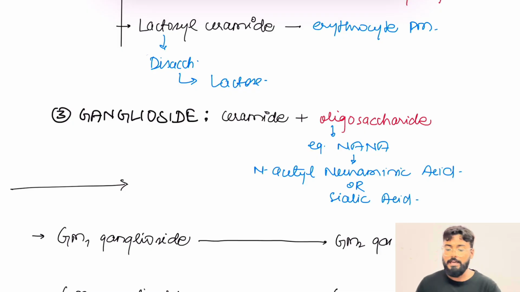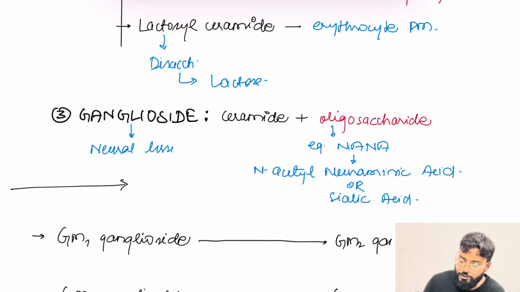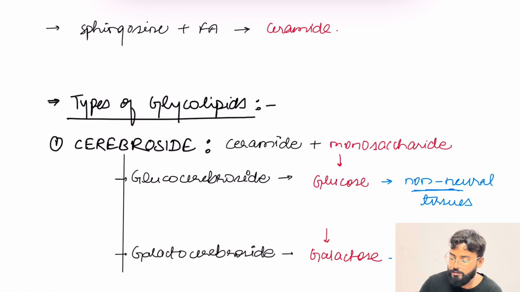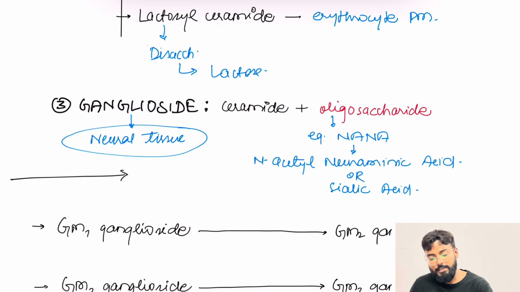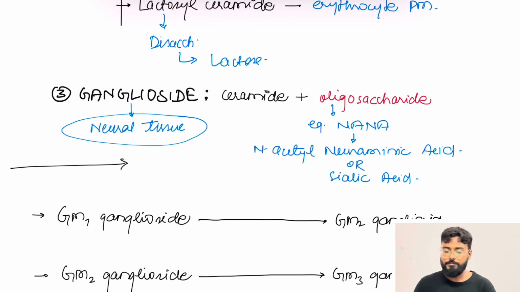This is sialic acid. And gangliosides are mainly going to form the components of neural tissue. So you see neural tissue here in galactocerebrosides and in the case of gangliosides.